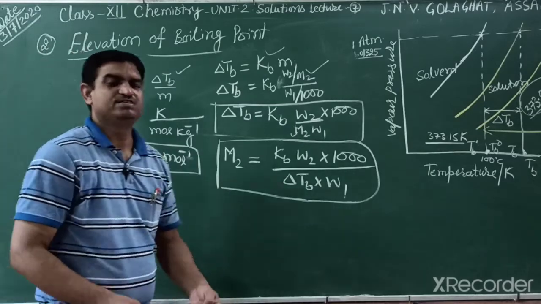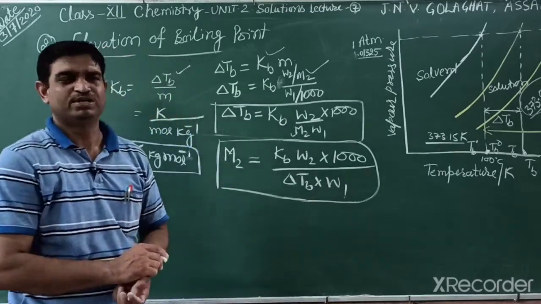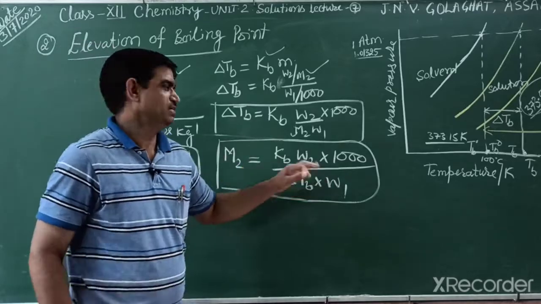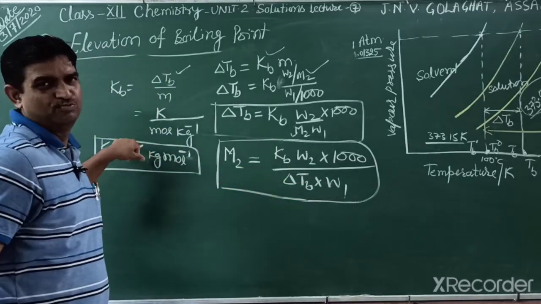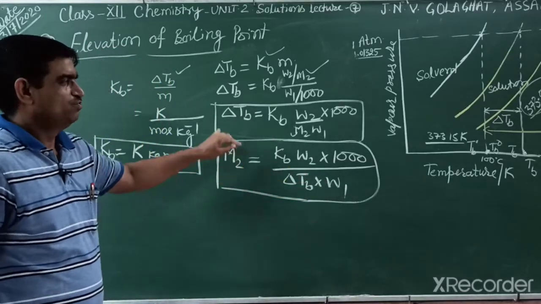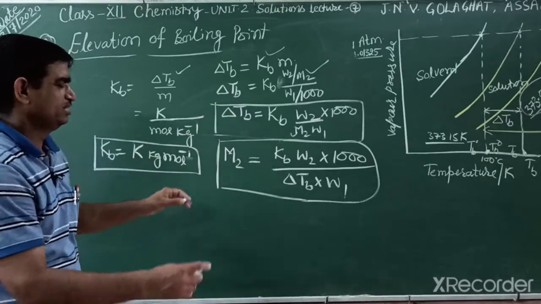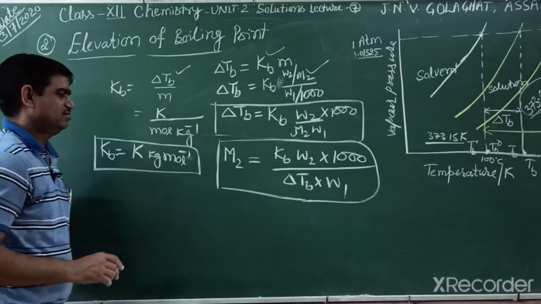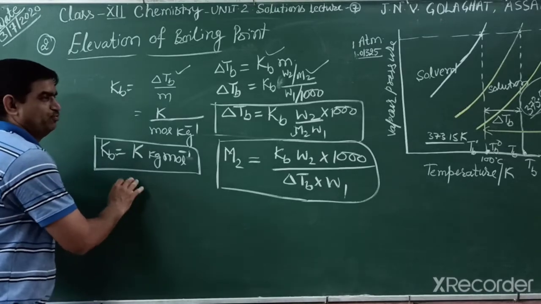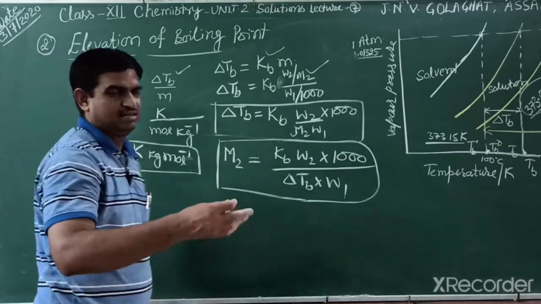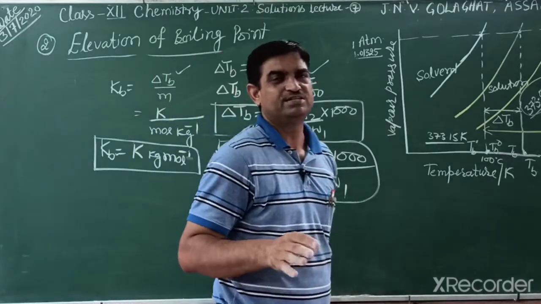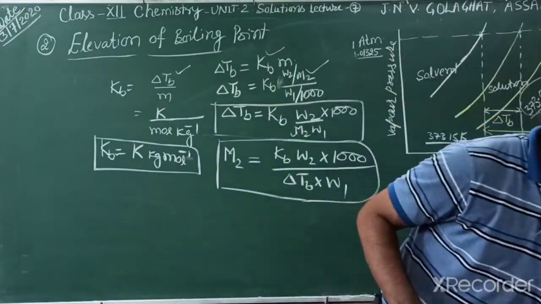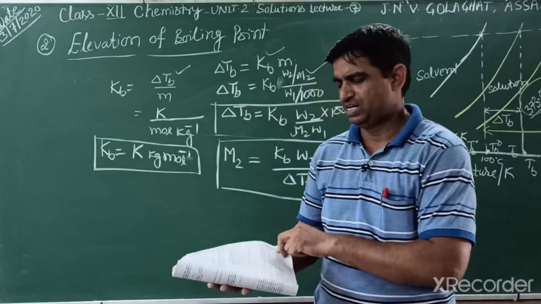In your NCERT book, a table is given. Different solvents have different molal boiling point constants. The molal boiling point constant given for water is 0.52 Kelvin. For other solvents like benzene, carbon tetrachloride, carbon disulfide, you can observe the values in the table in your NCERT book.